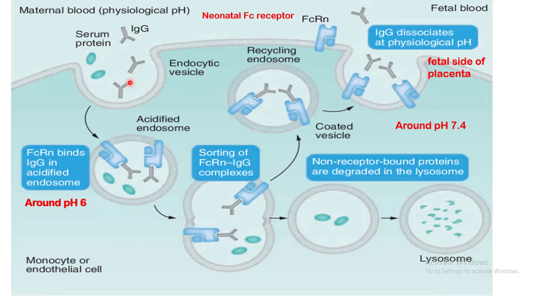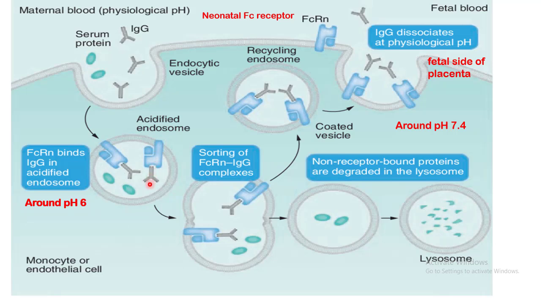Once they are endocytosed into the acidified endosomes, you have specialized receptors known as FcRn, the neonatal Fc receptors, on the syncytiotrophoblast. These neonatal Fc receptors bind to immunoglobulin G1.